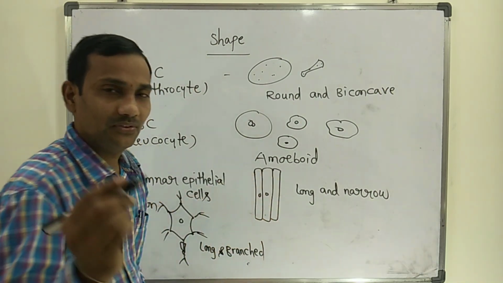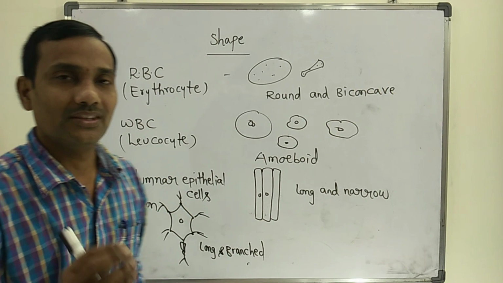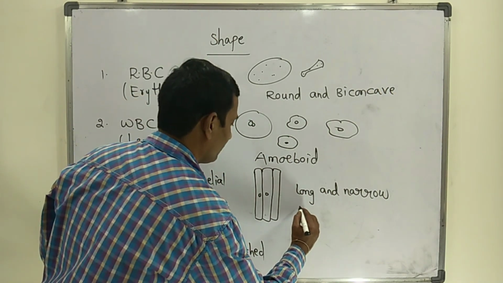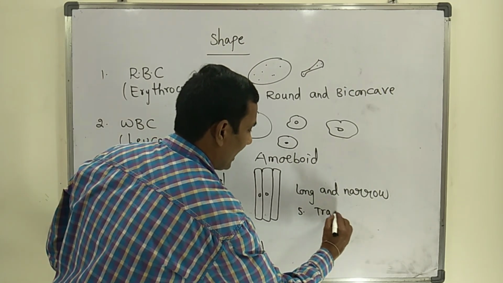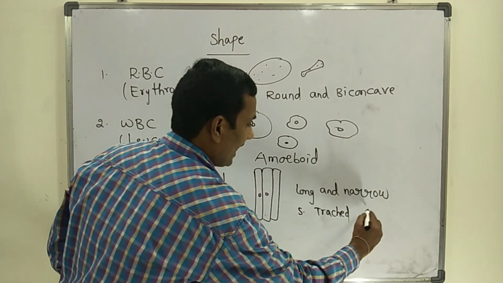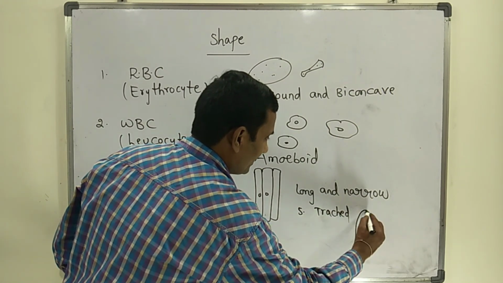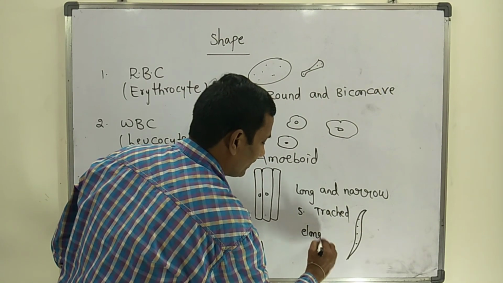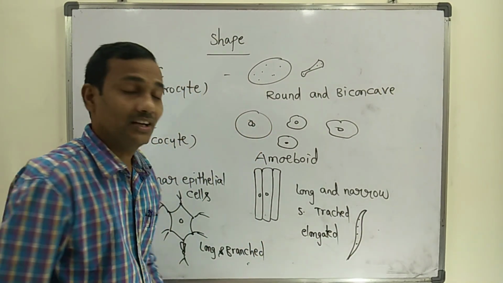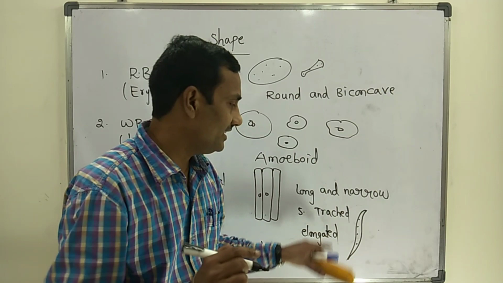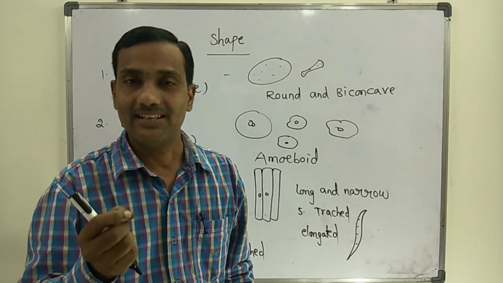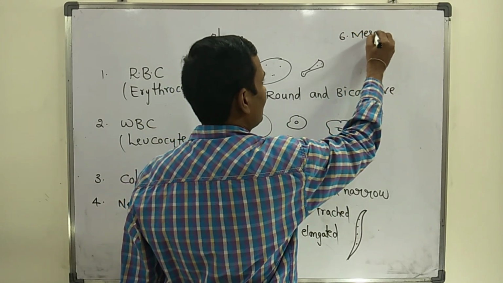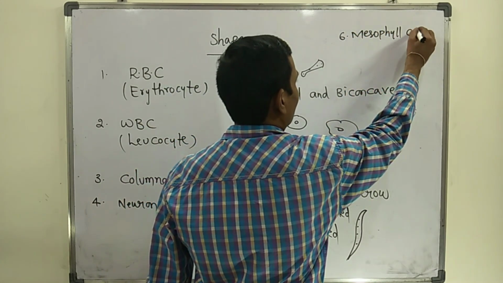Next, the trachea, found in the xylem tissue. The fifth one is the trachea. The trachea cell is an elongated cell of the xylem. Next, the sixth one, mesophyll cells.